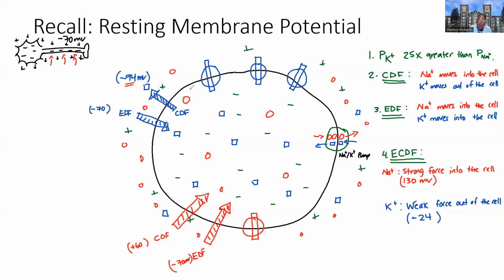And so the overall direction of movement of potassium is going to favor the stronger force, which is out of the cell. Accordingly, we're going to subtract. So we're going to take the bigger force, subtract the smaller force, and that would be the strength with which potassium moves, which is -24, and the overall direction is in the direction of the stronger force, which is out of the cell.